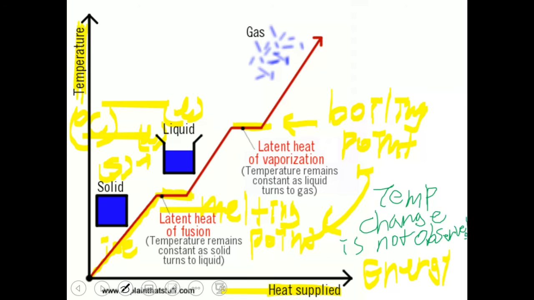The reason is that the heat energy is being absorbed by every single particle that makes up the ice, then water, and then it turns into vapor. During that stage, absorption of energy is happening, and that's why the temperature change is not observable.